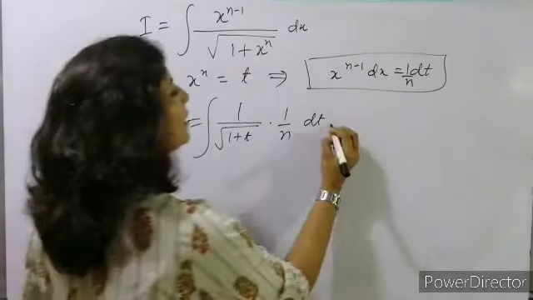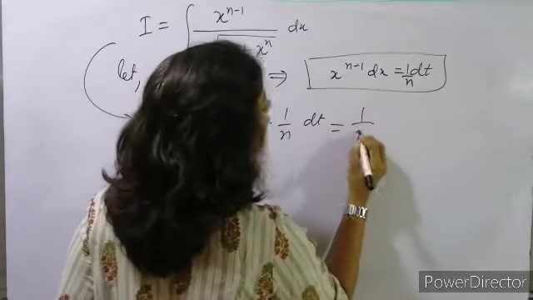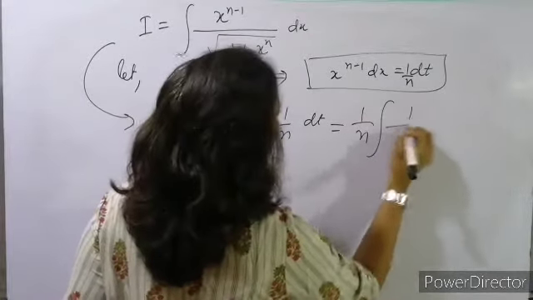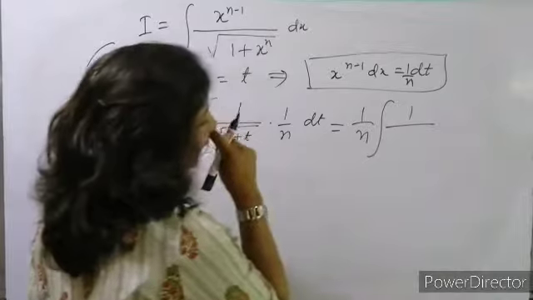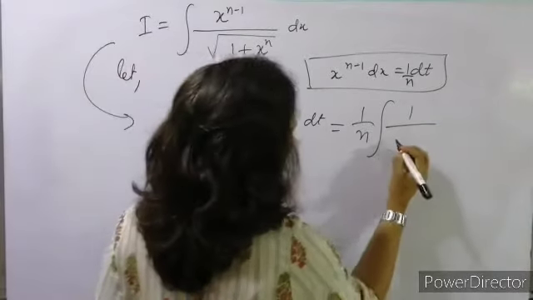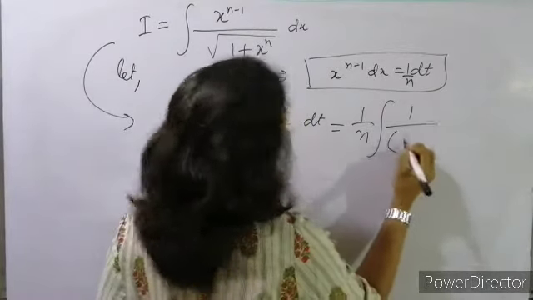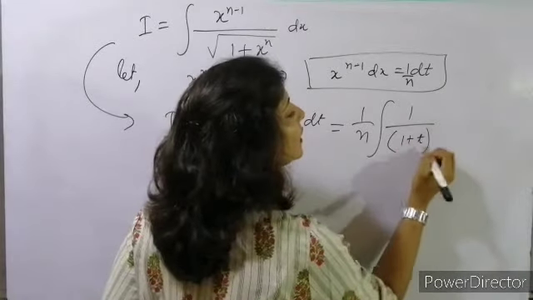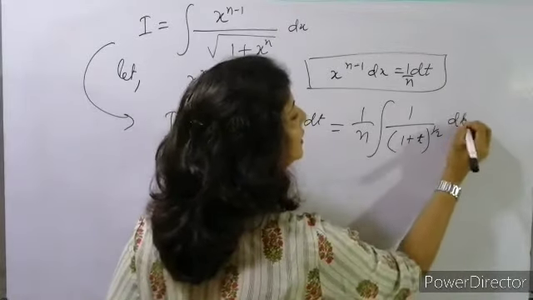So our value will be, we can take 1 upon n common. So 1 upon square root of t, okay, so square root of t we can write like this, 1 plus t to the power 1 by 2, dt.